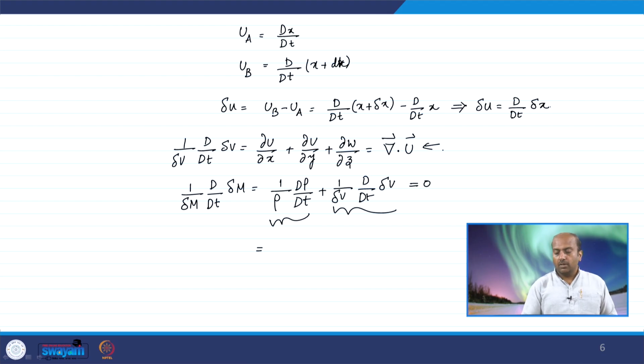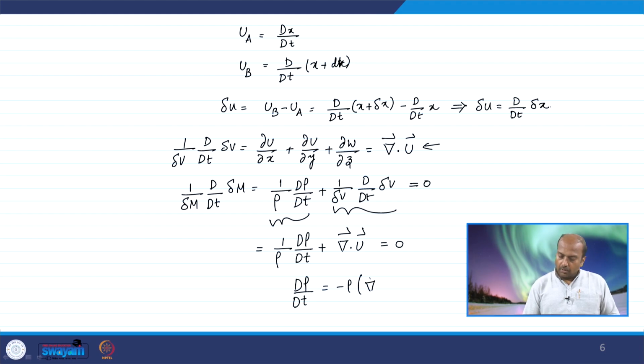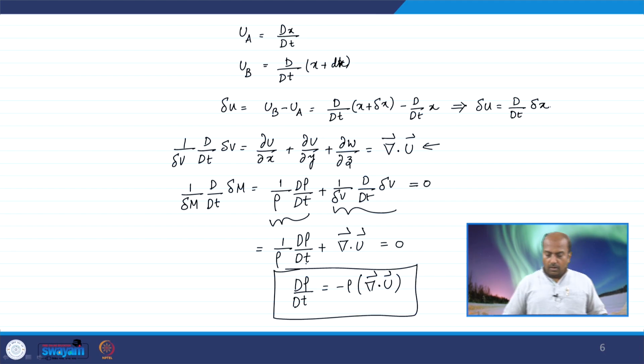From this I can write 1 by rho D rho by Dt plus del dot u is equal to 0, or D rho by Dt is equal to minus rho times del dot u. Fine. So, this is the form of the continuity equation in the Lagrangian framework.